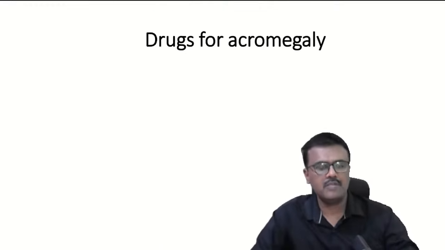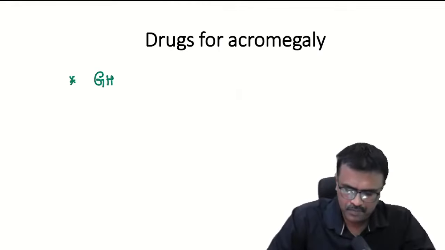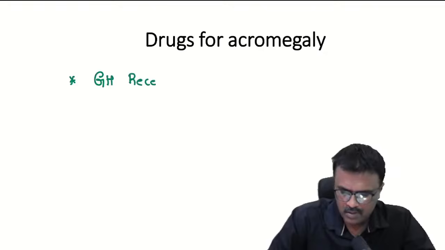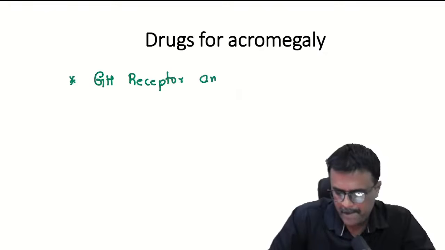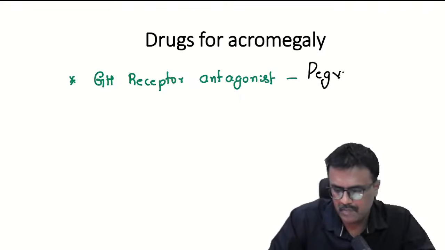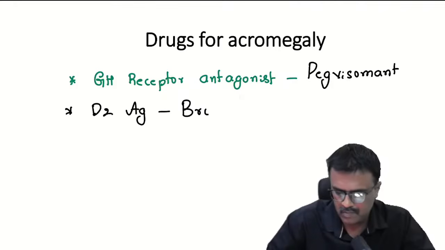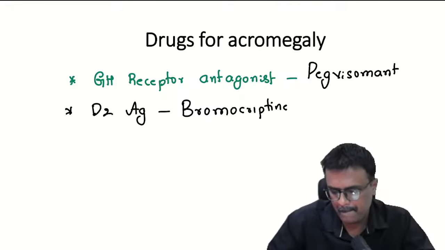Now, coming to drugs for acromegaly. What are the drugs we have? We have a growth hormone receptor antagonist, and the name is pegvisomant. Then we have D2 agonists, bromocriptine, cabergoline.